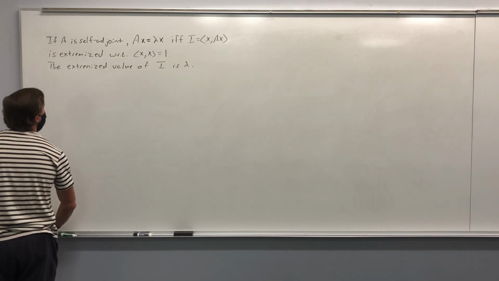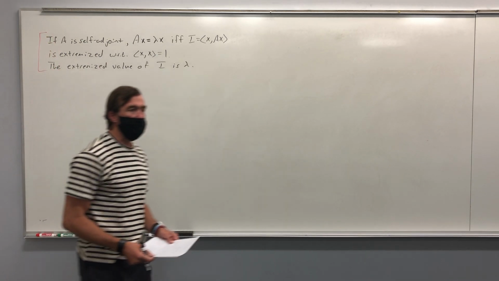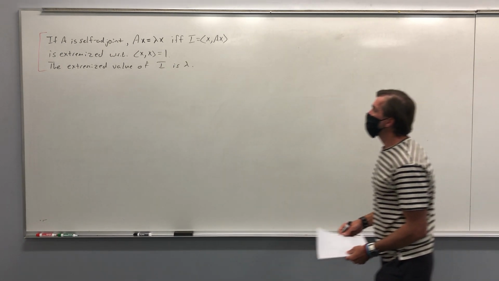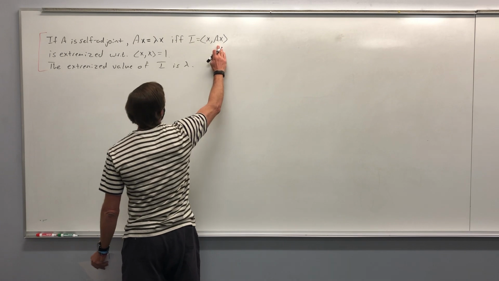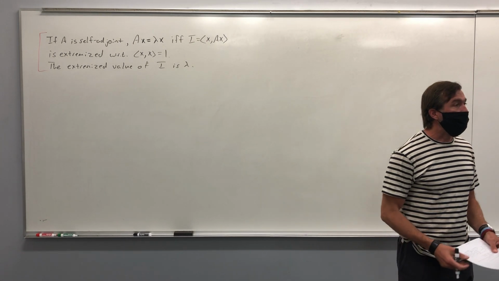And in fact, the value of I, when extremized, will be lambda. So this is a relationship between extremizing this function and finding eigenvalues and eigenvectors.